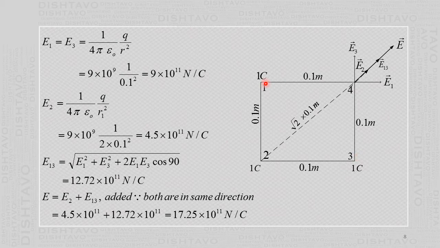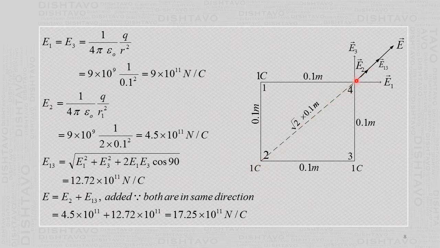This electric field, let us say positive, so directed away. This vector E1 is the electric field at this point due to the 1 coulomb at corner 1. Since we are finding the electric field here, we have to mark the tail of that vector here. Similarly E2, because of this 1 coulomb, so the tail is here, and E2 is directed this way, along that line.